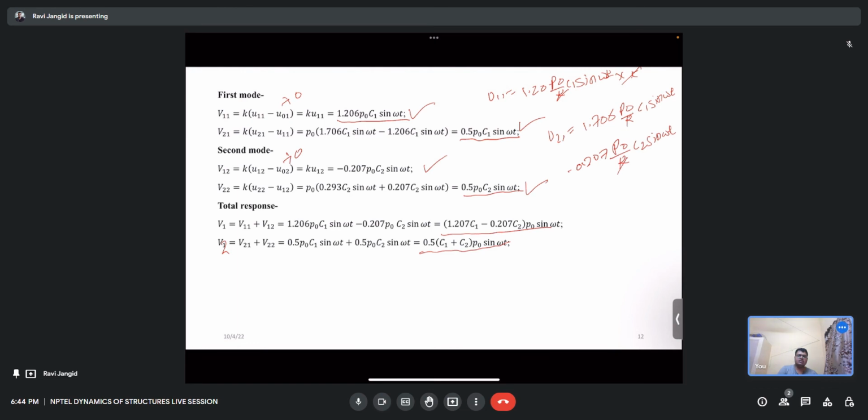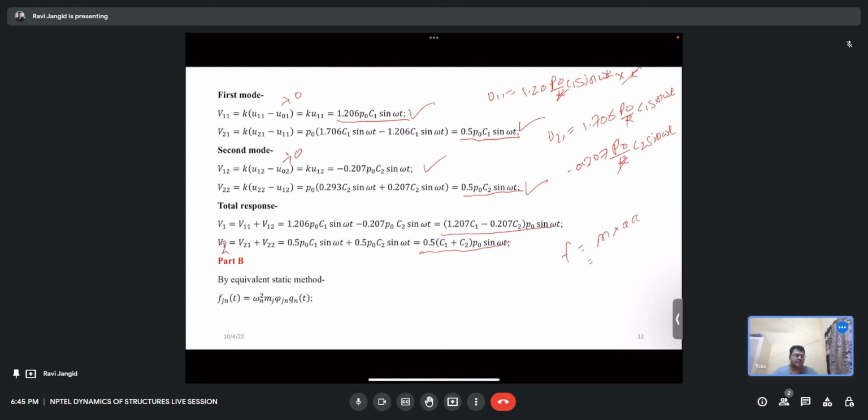Now we can determine the equivalent static force, and then check whether our answer matches with the other method. For the equivalent static method, as you know, what is the force by Newton's law? Mass times the acceleration.